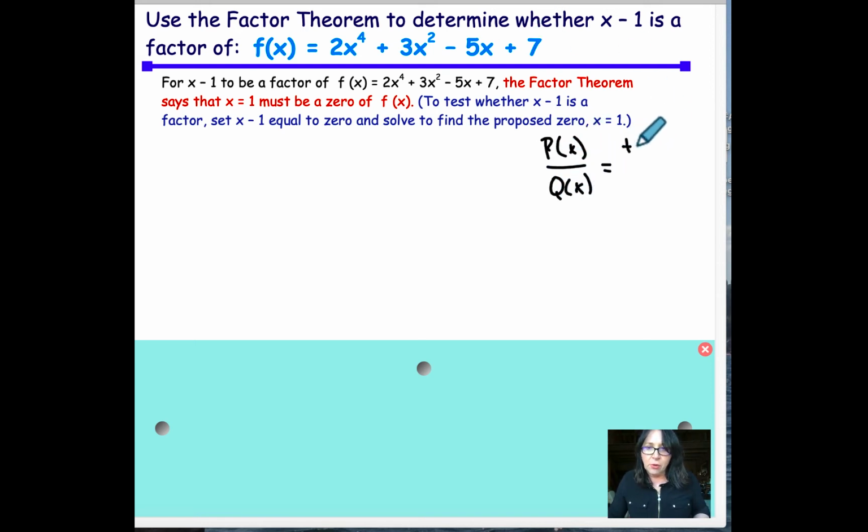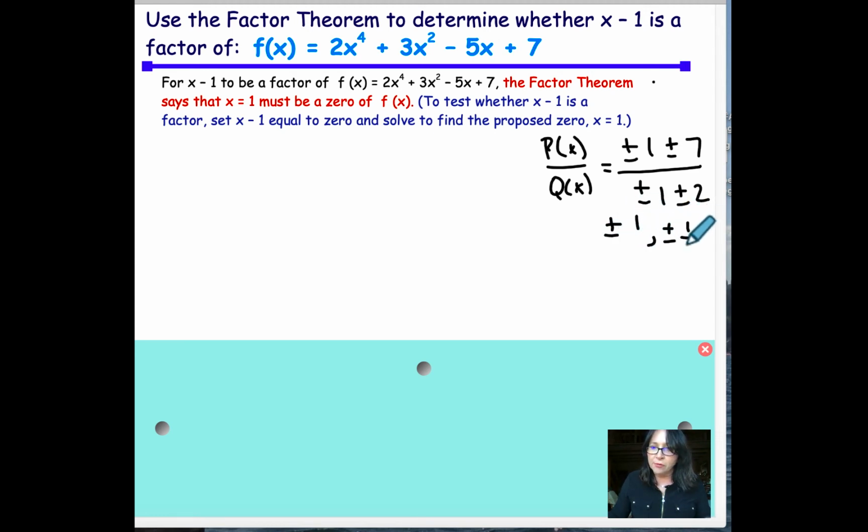I only have plus or minus 1 and plus or minus 7 over, and then I've got the 2 here, plus or minus 1 and then plus or minus 2. So my options with the rational root theorem are 1 over 1, 1 over 2, 7 over 1, or 7 over 2. This is all I have.